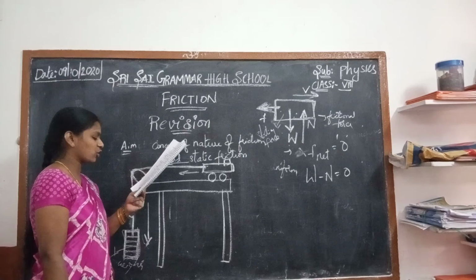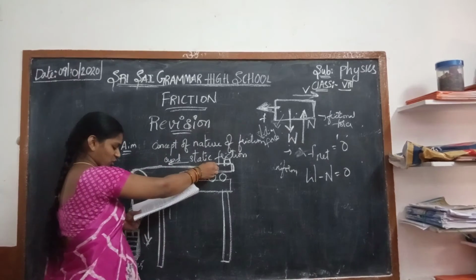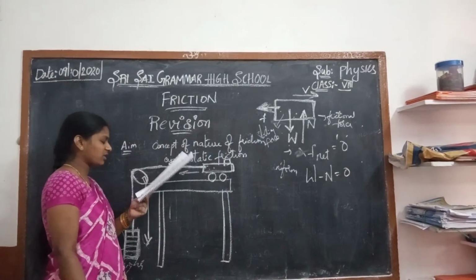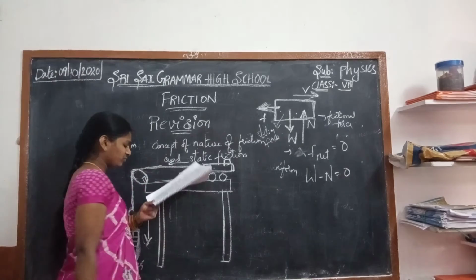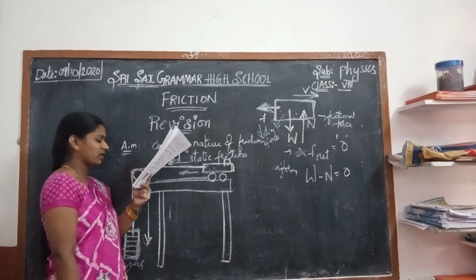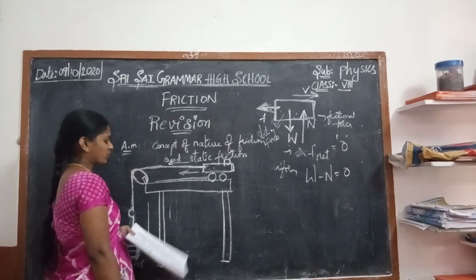Thus the force of friction by the surface of the trolley acts on the block in the direction of the motion.